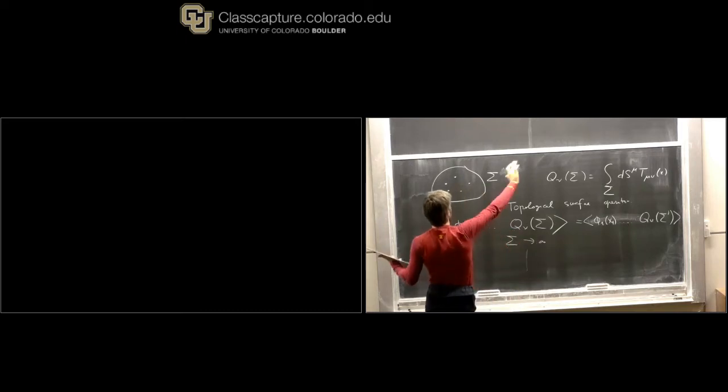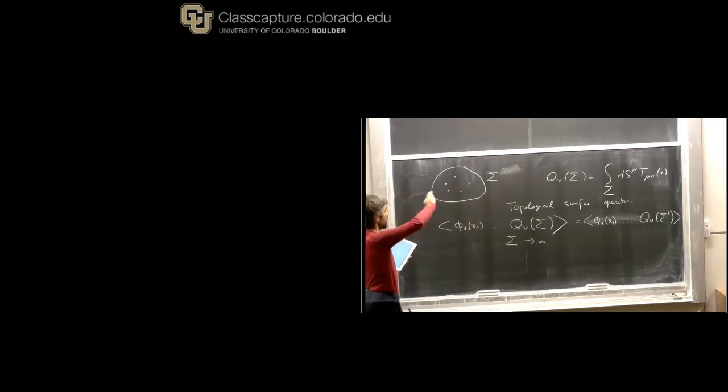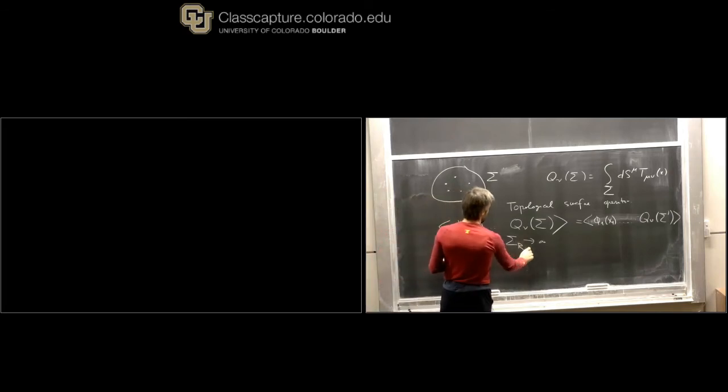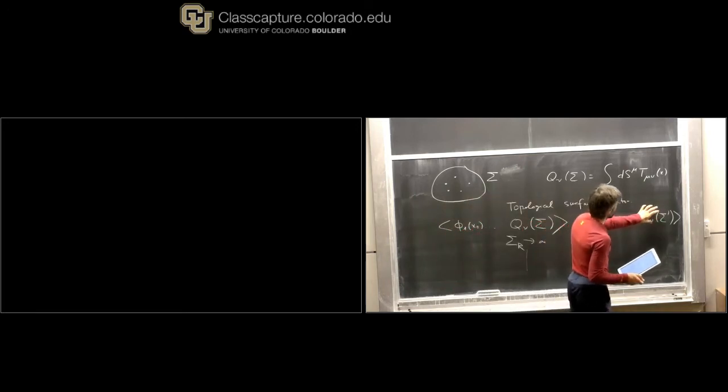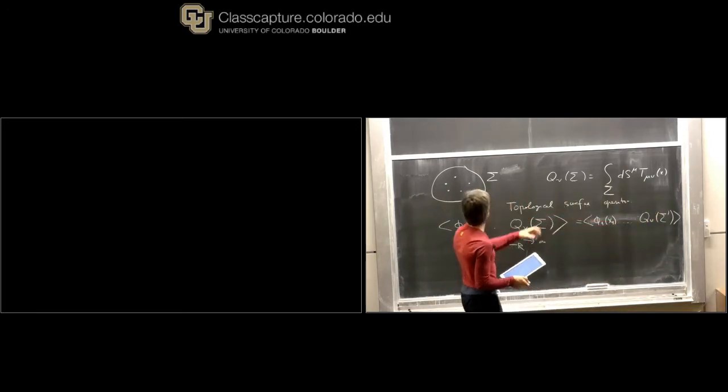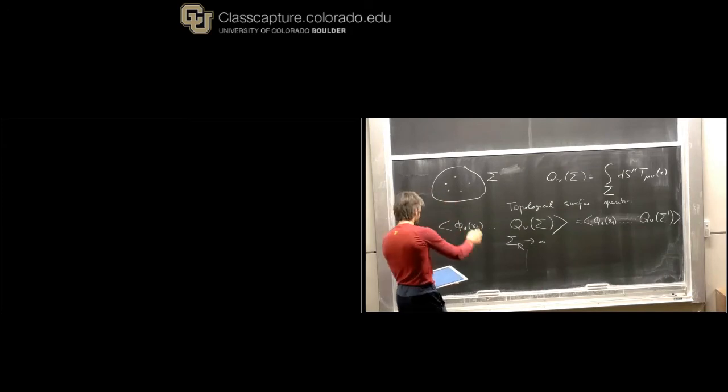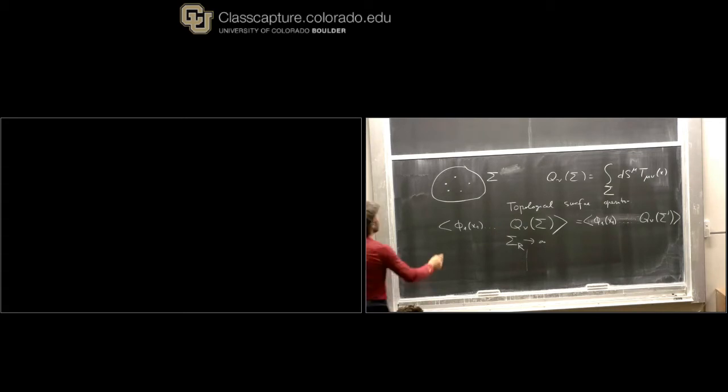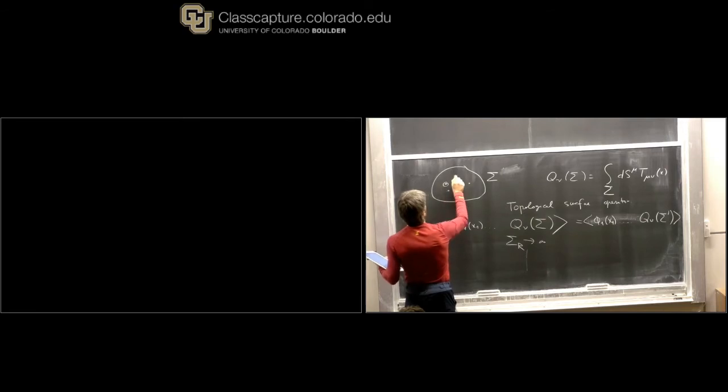I'm going to take it as, for example, a sphere which goes all the way to infinity. The radius of this surface goes to infinity. While on the right-hand side, I'm going to shrink this Σ. I'm going to split it into several small spheres, and I'm going to surround each of these operators with a sphere. So I'm going to erase these links.